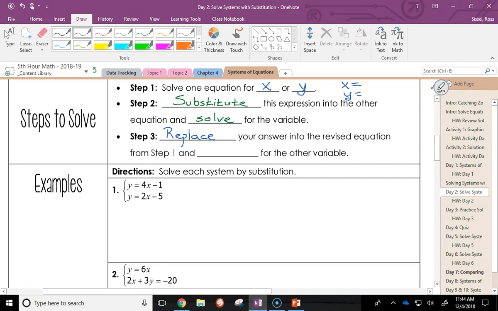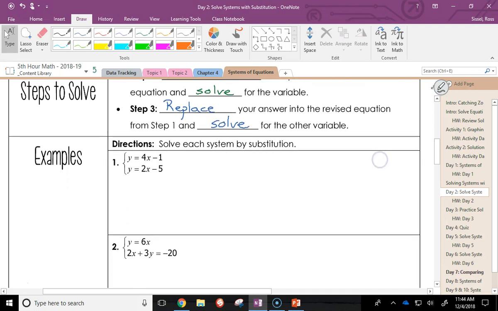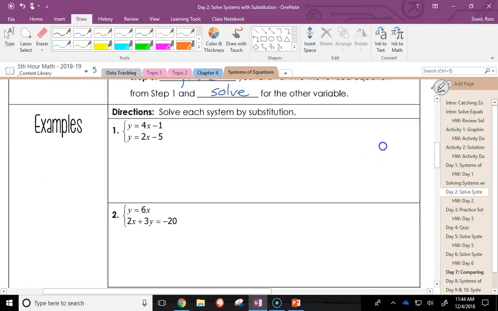I'm going to go back to step 1, the revised equation, and solve for the other variable. This will make more sense when we get a little bit into the examples. Okay? It becomes pretty clear. The first couple examples, they use step 1 for us, which is a huge help. So pay close attention to this, and this will really help you.